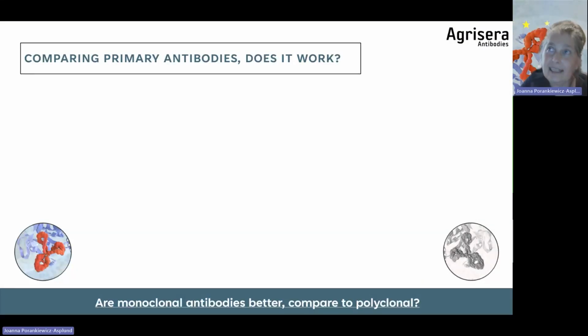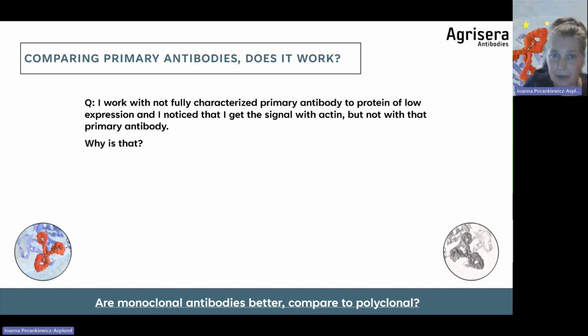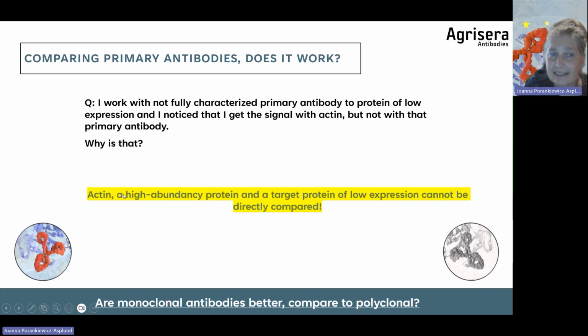In many cases, I see attempts to compare different antibodies with each other. Therefore, I'm bringing up this point that in this experiment, the researcher was comparing a not fully characterized primary antibody with actin. And actin is a high abundance protein, often used as a loading control.